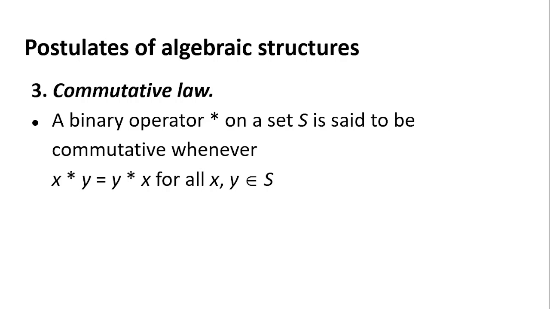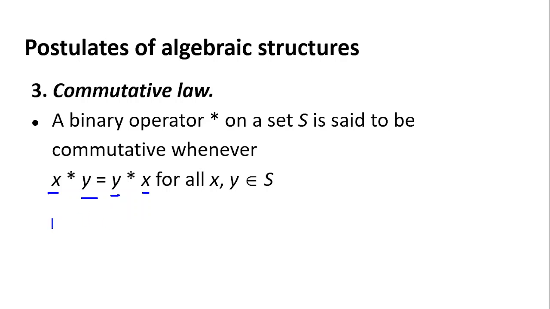If there is a binary operator star, it is called commutative if you interchange the elements and you get the same answer. That means if you take x star y, or if you apply y star x, you must get the same answer.